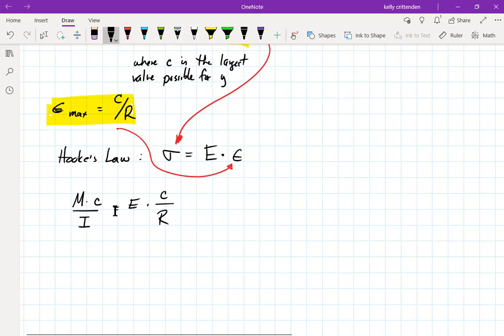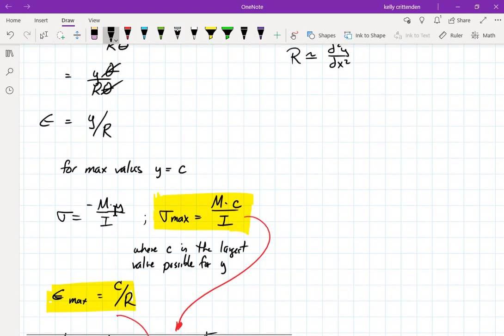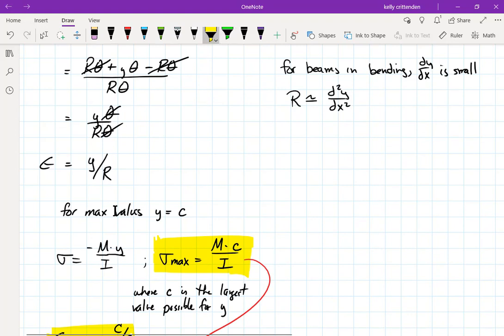And now I can rearrange this thing a little bit. Also remember this guy, R is that second order derivative.